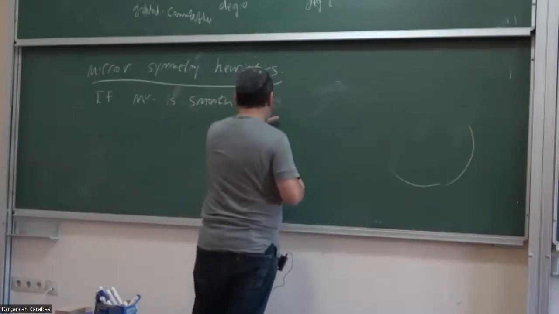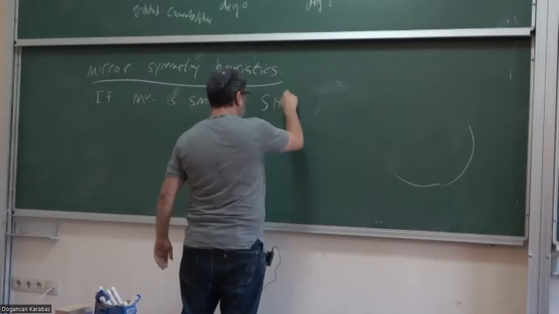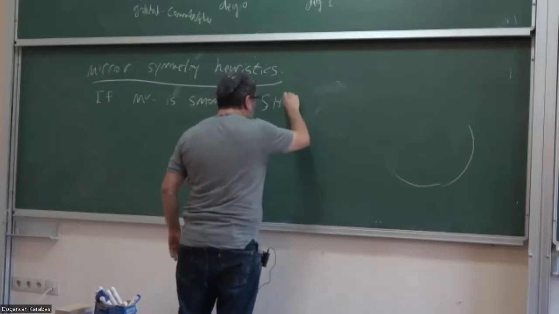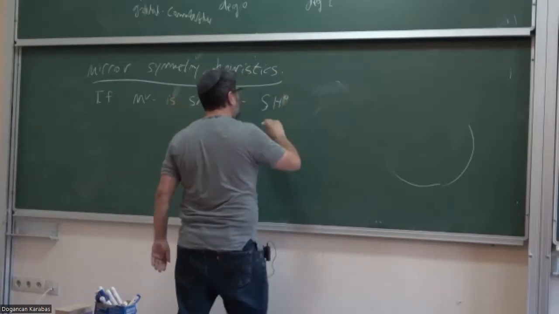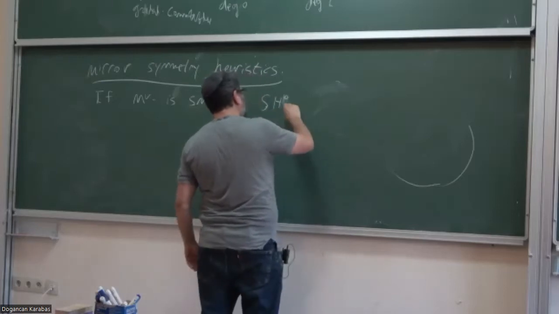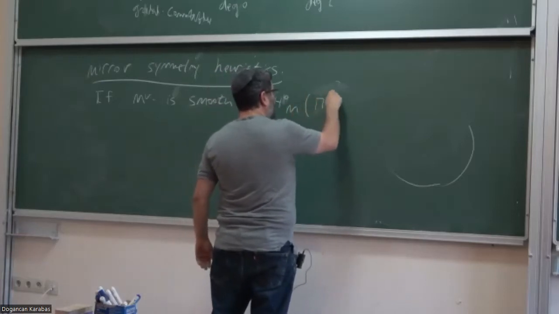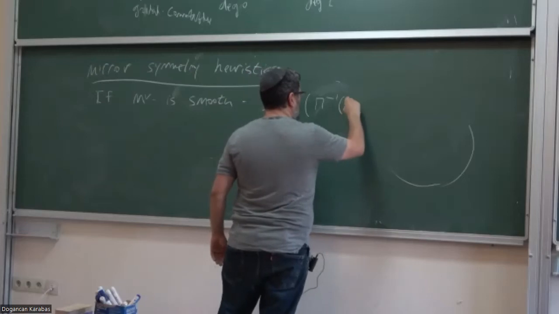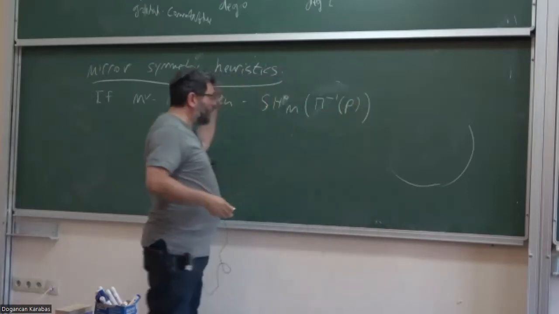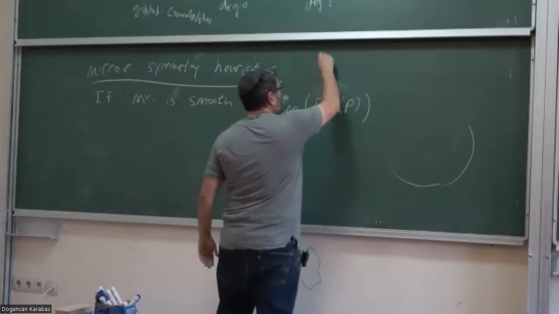Then, sorry, SH0, let's just focus on this one. The zero symplectic homology of subsets of the form like this, where pi is, in the background, some SYZ fibration.